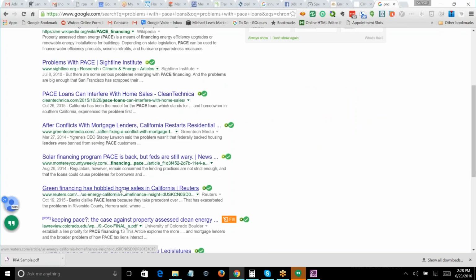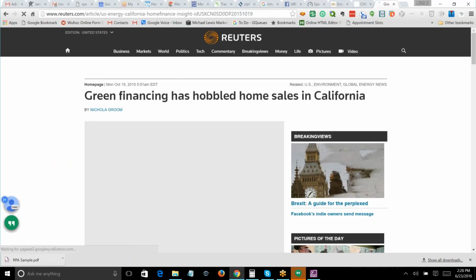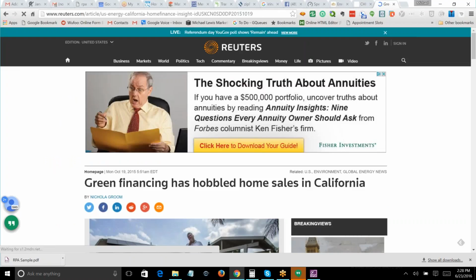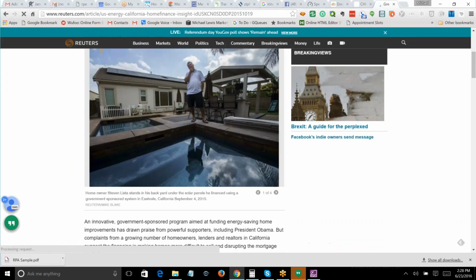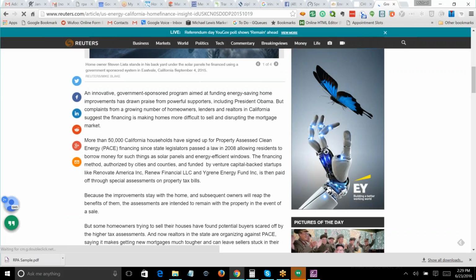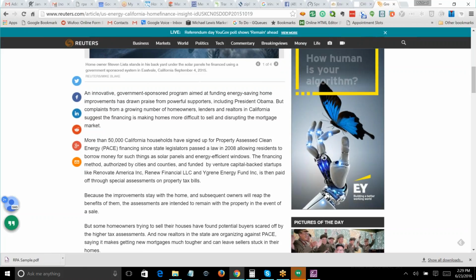And what a PACE loan is, it's a government financing in order to install energy efficiency, specifically solar, right? And a PACE loan is what's called a super lien, and it has super priority. What that means is that it comes before any other lien, other than taxes.